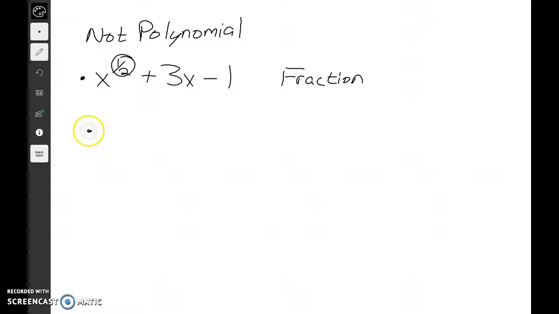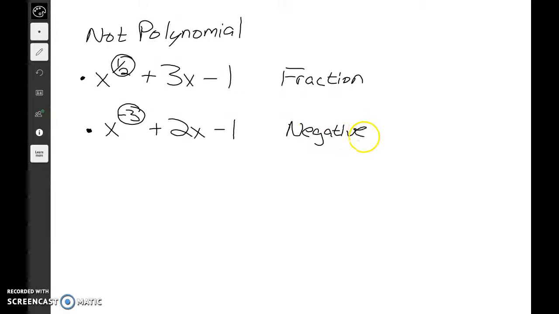In another example, what if we had x to the -3rd power plus 2x minus 1? Once again, this is not a polynomial because of the negative exponent. If your exponent is negative, then this cannot be a polynomial.